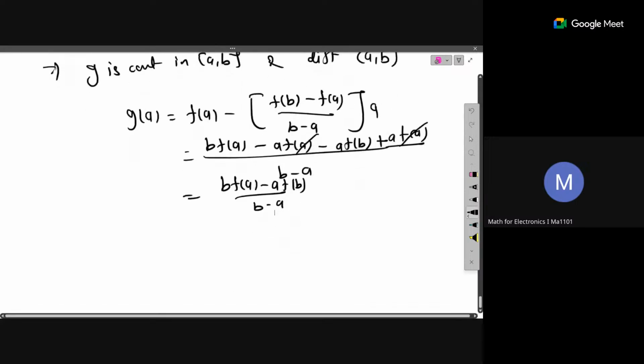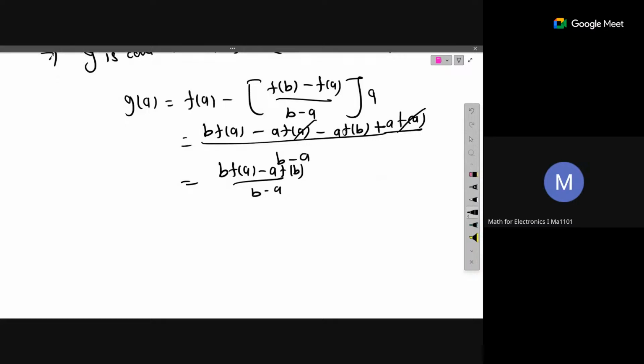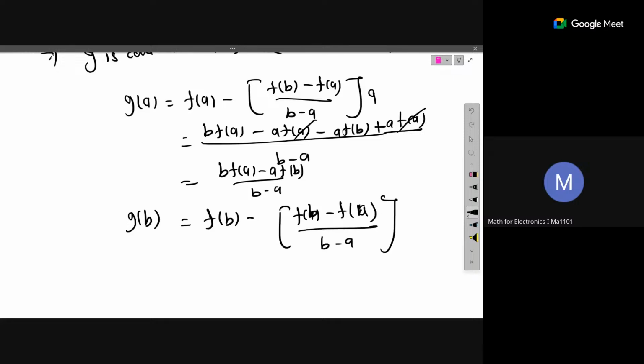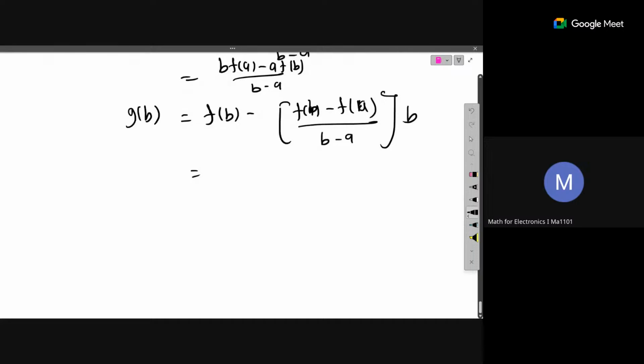And if you calculate g(b), you will get the same. g(b) is nothing but f(b) minus (f(b) minus f(a)) by (b minus a), times b. The simple calculation you have to do. This is the same as b f(b) minus a f(b) minus b f(b) plus b f(a), over b minus a.